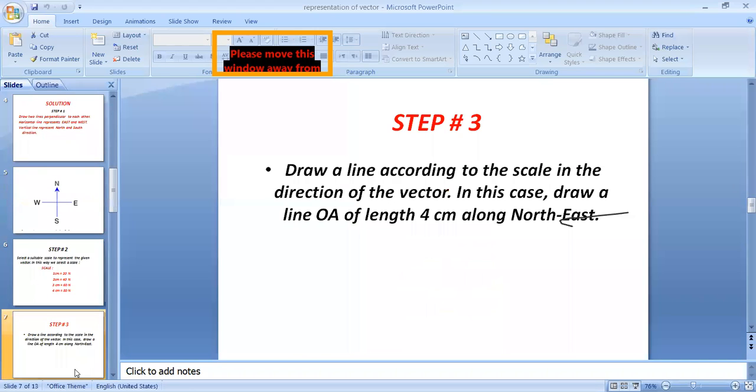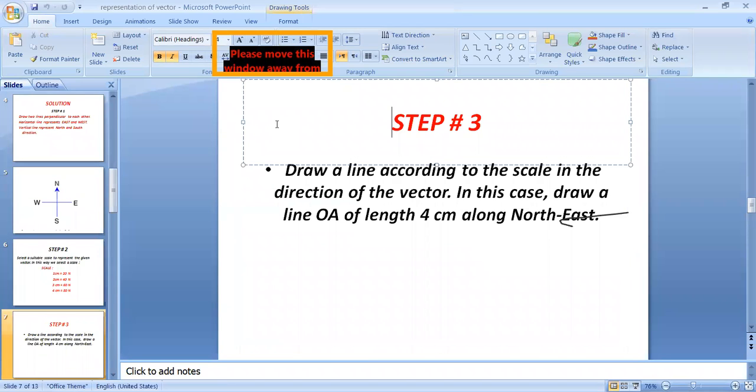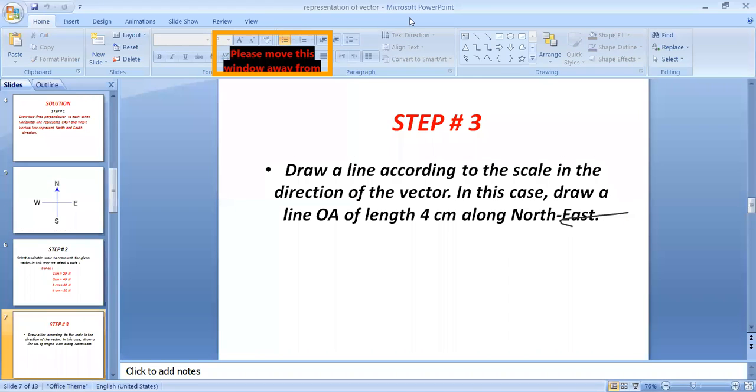In this case, draw a line OA, which means OA is your vector quantity.